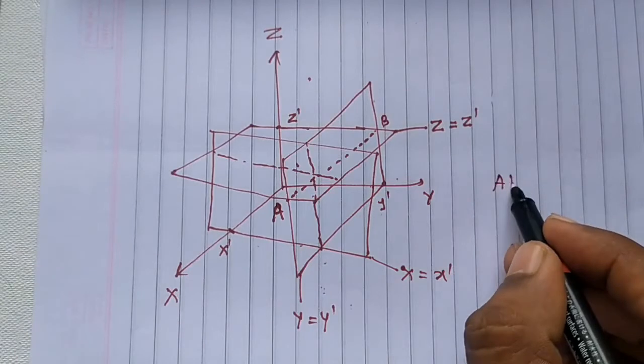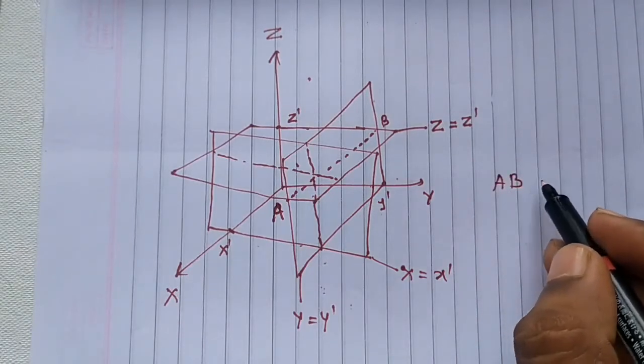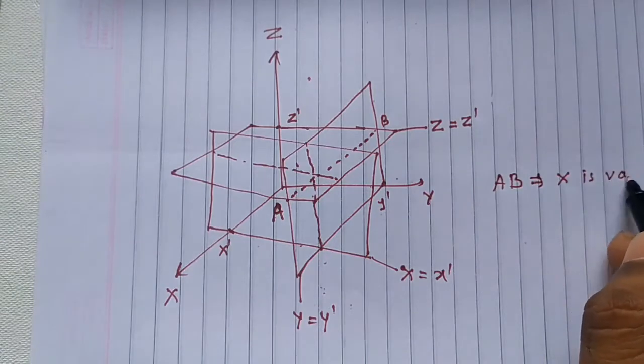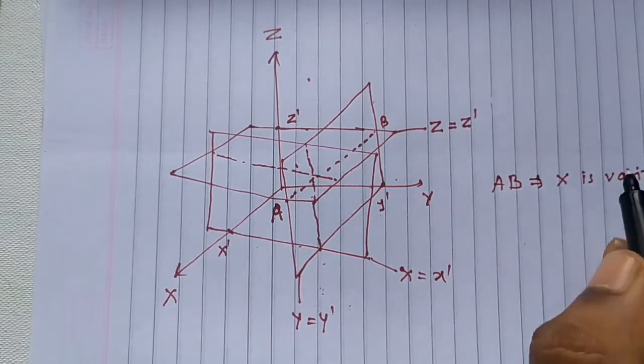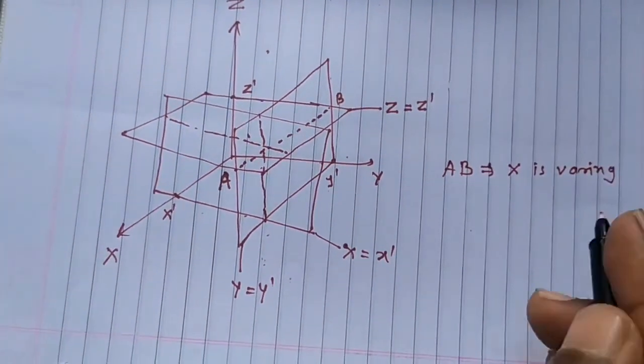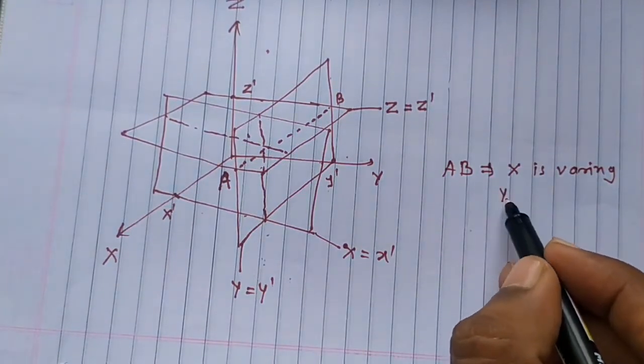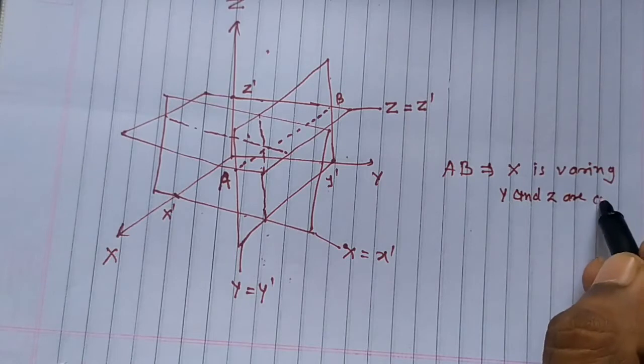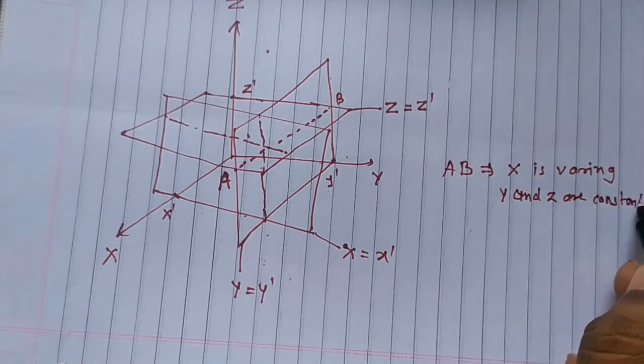On coordinate line AB, you can see that x is varying, and y and z are constant, right? So this is what I can see on a coordinate line.